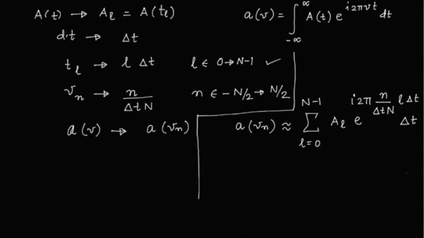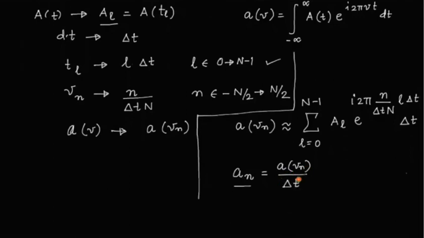So we define this now, just like capital A_L, which are the samples of the function in the t domain, these are the samples of the function in the frequency domain. I define these as a nu n by delta t.